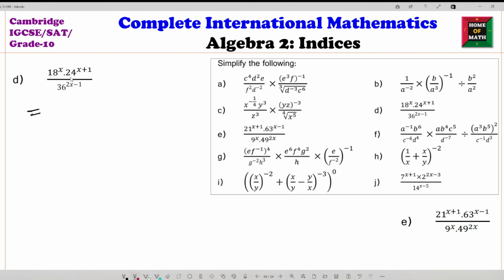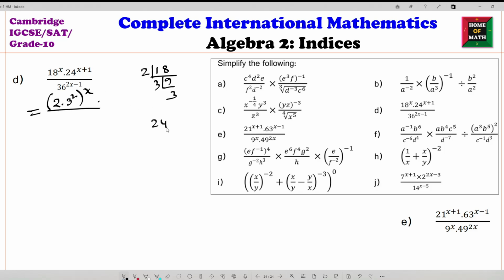18 to the power x times 24 to the power x plus 1 divided by 36 to the power 2x minus 1. So this 18, if we prime factorize, so 2, 9, 3, 3, right? So we can write like this: 2 times 3 squared, to the power x, right?